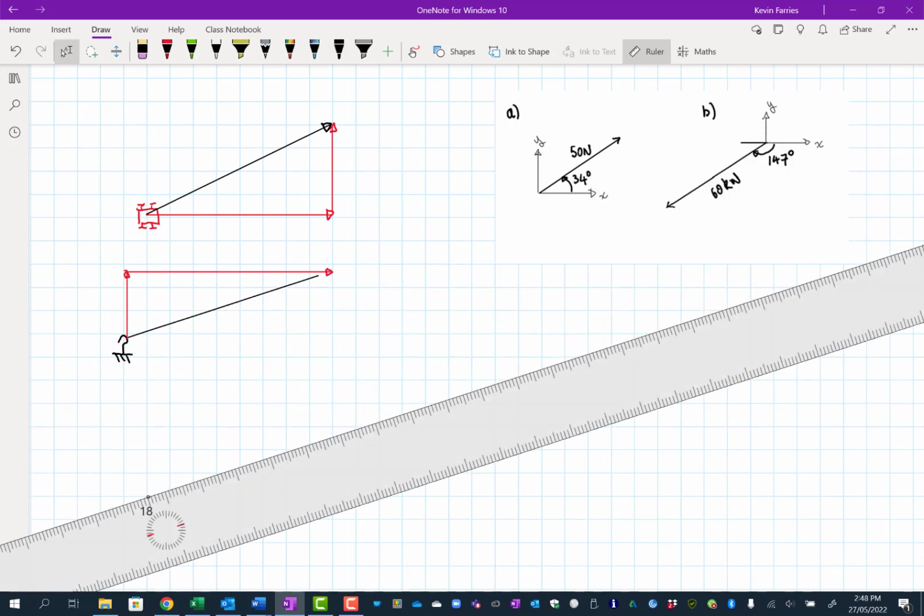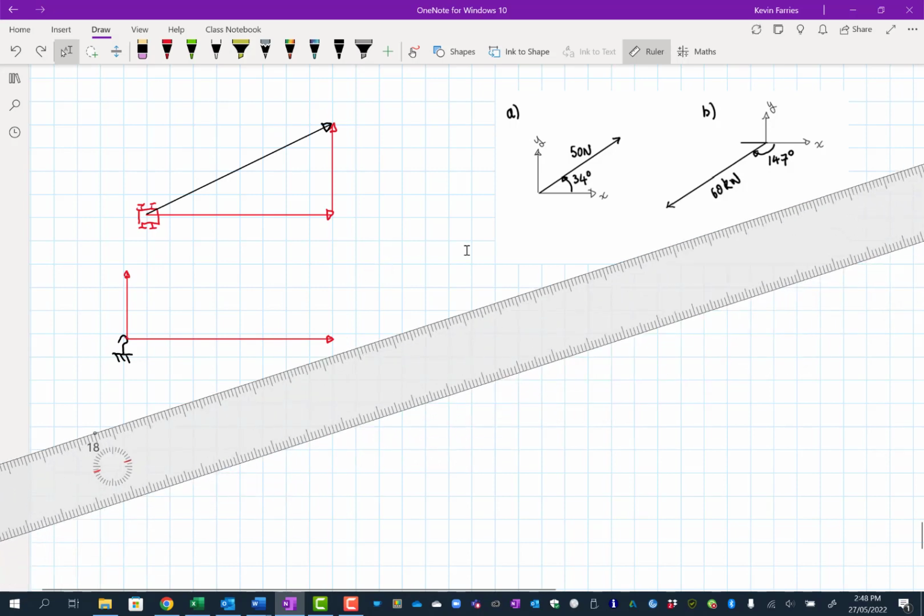Now the problem with this is it looks like this force, so the x component, is now acting on a different point. It looks like it's pulling the green cross here. It's looking like it's pulling at that point. So when we draw these, we don't want to draw the vectors in a different position. We want to keep them where they are, and we can just imagine placing them nose to tail.